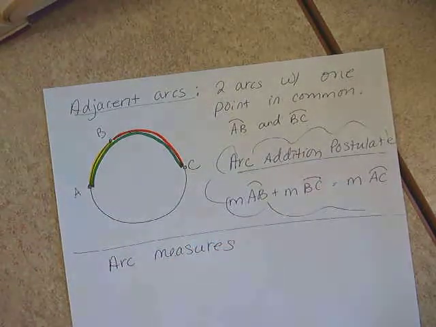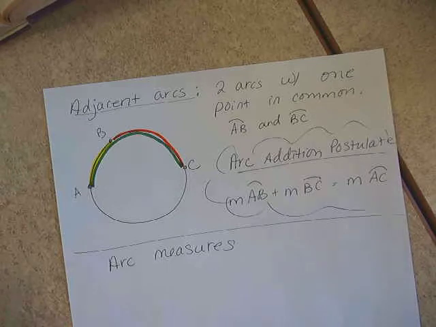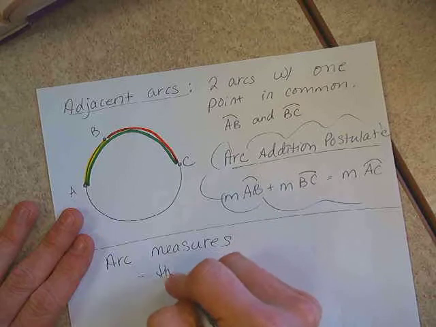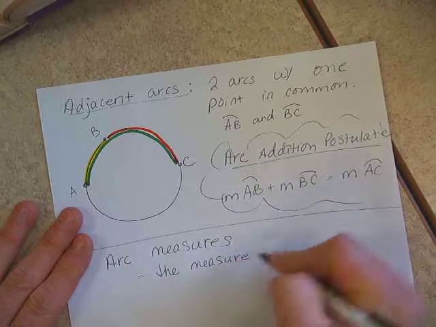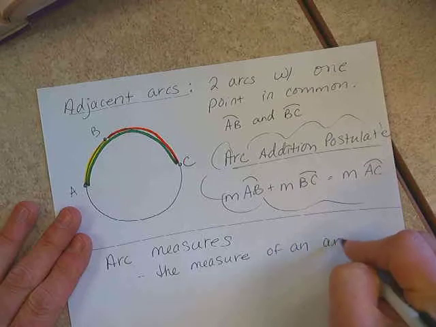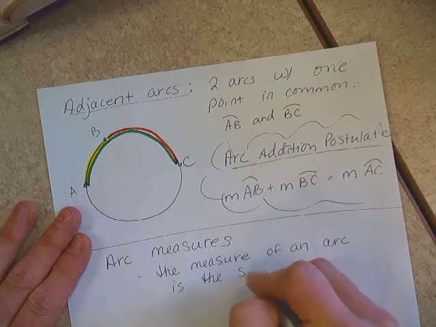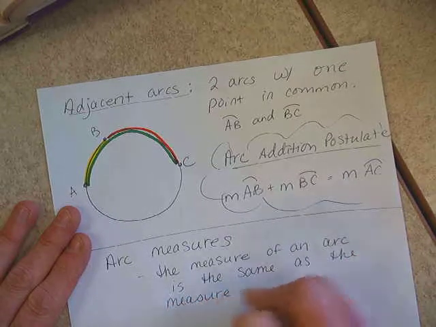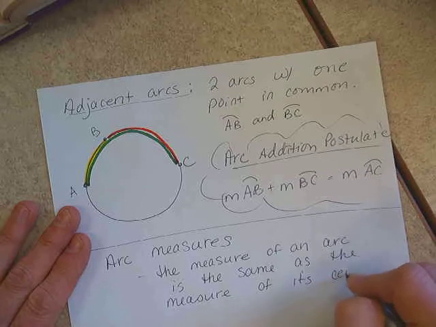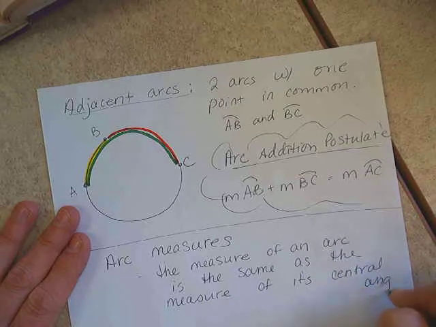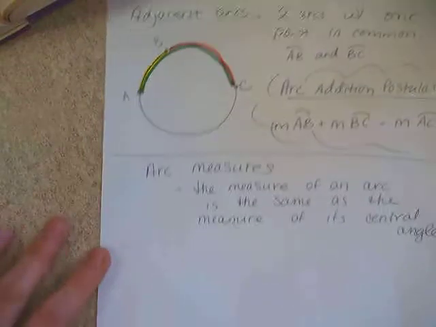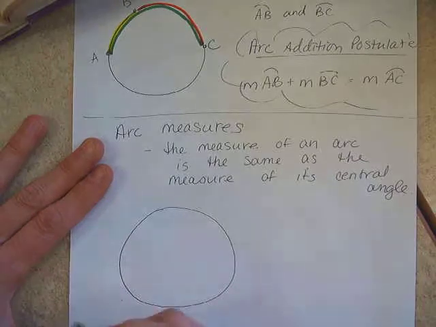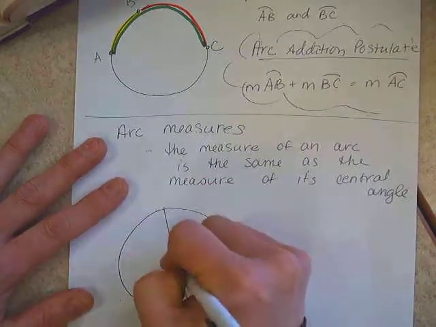Okay, and the last piece. Finding arc measures. The measure of an arc is the same as the measure of its central angle. Okay.